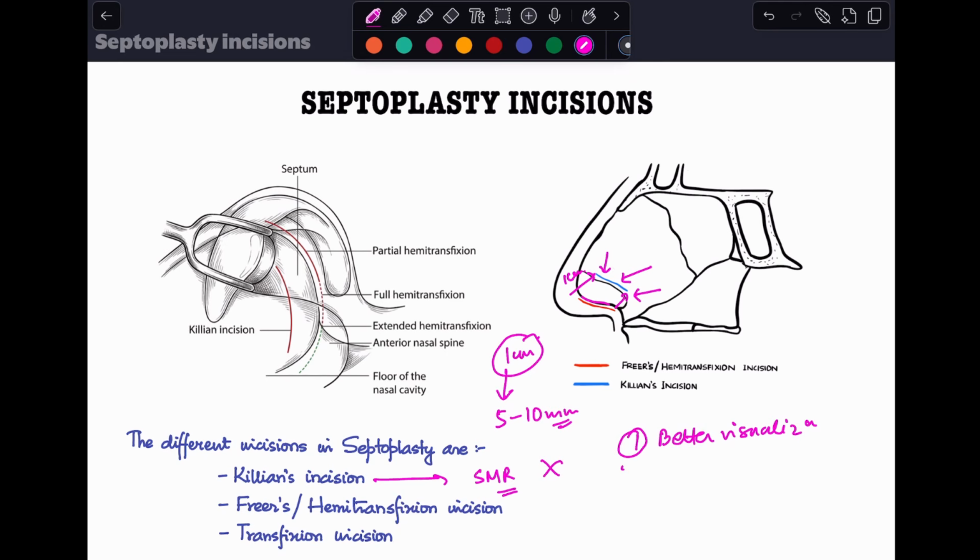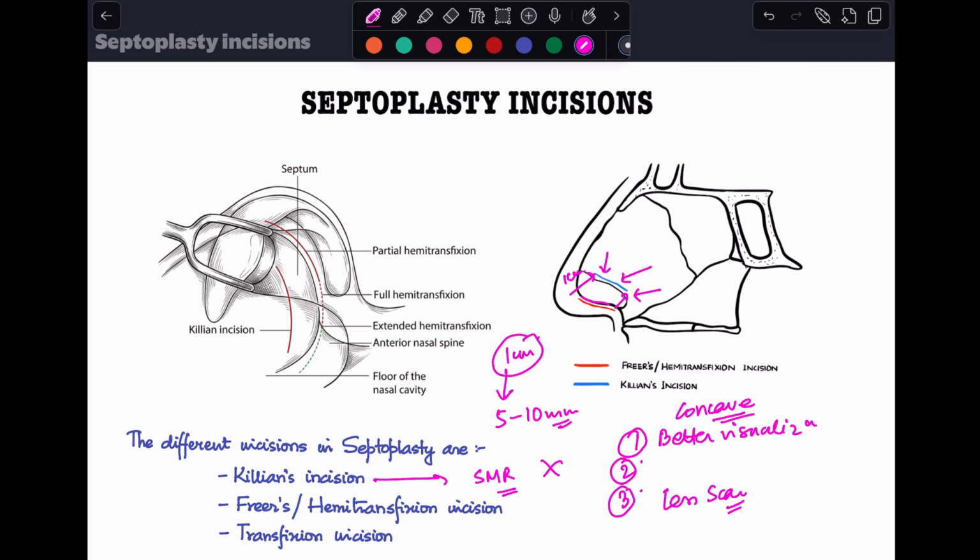Second, it is easier to enter the subperichondrial plane on the concave side rather than the convex side. And thirdly, there is less scarring if you do it on the concave side. So these are the three reasons why we prefer to do it on the concave side of the deviated septum rather than the convex side.